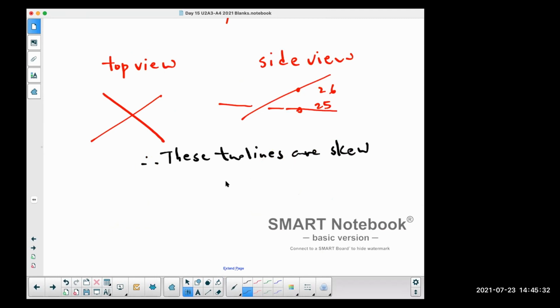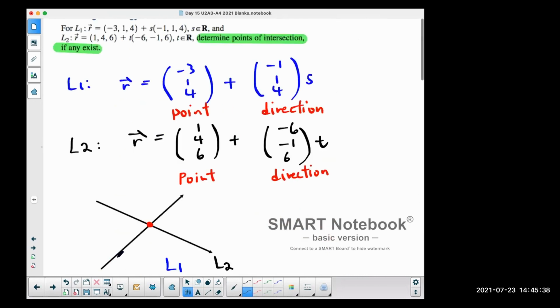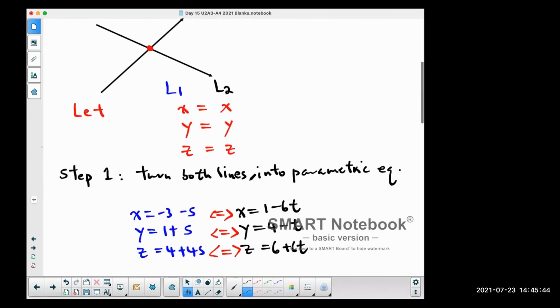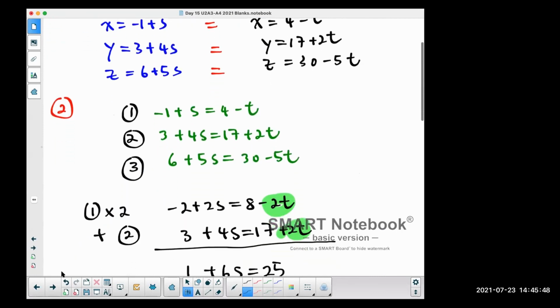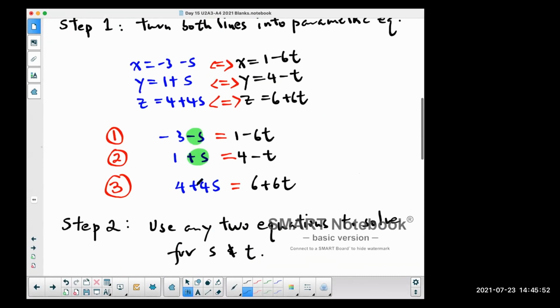They're not touching. And you see the math between the two examples is identical. There is nothing different in terms of the steps. We turn them into parametric equations in both examples and make them equal to each other. X, Y, Z, you have three equations.